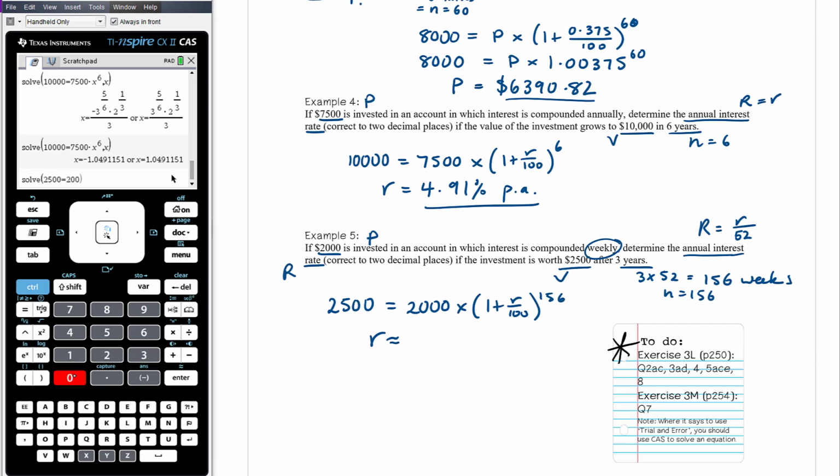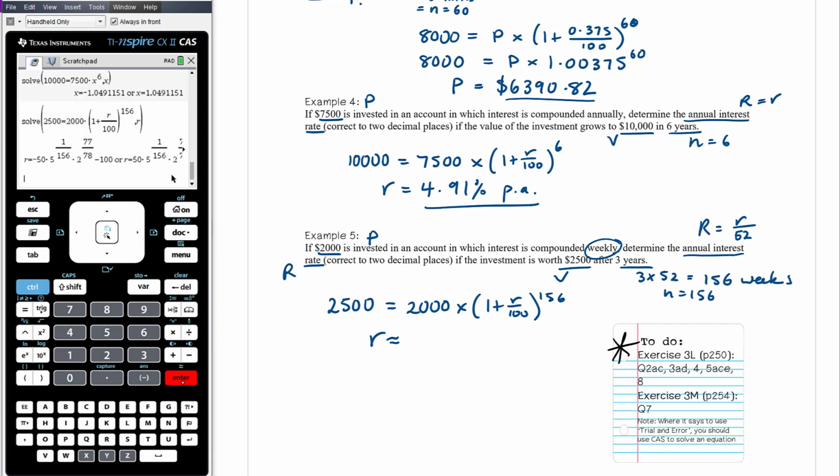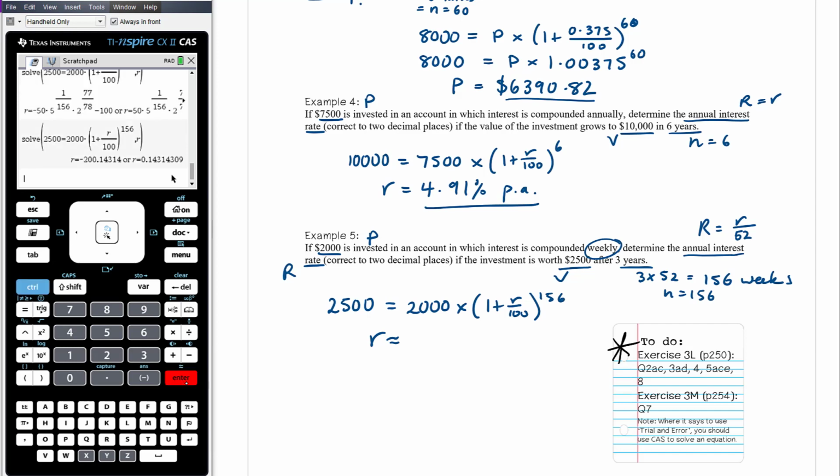So 2,500 equals 2,000 times 1 plus r on 100, to the power of 156, and we want to solve for r. Control enter. Okay, so r is about 0.1431 percent. So that is the weekly rate.